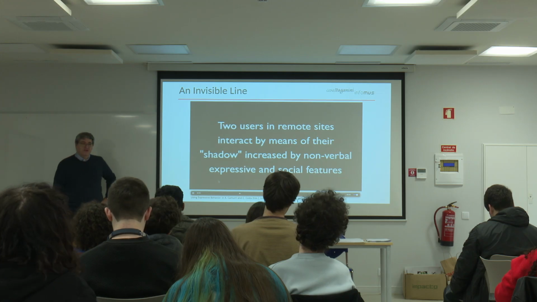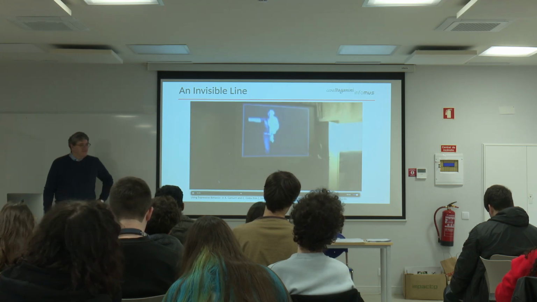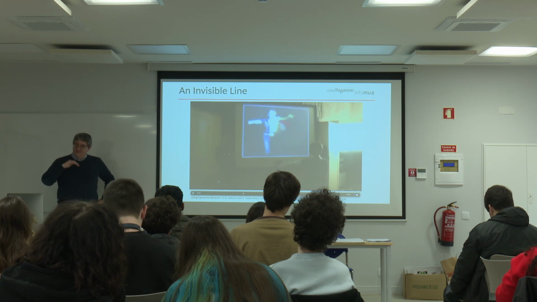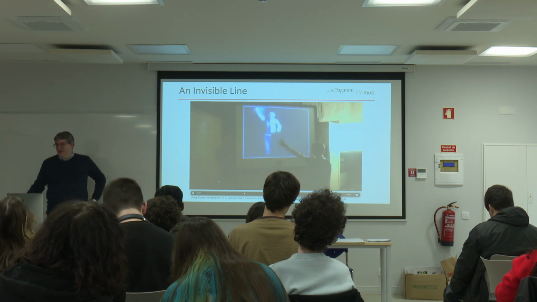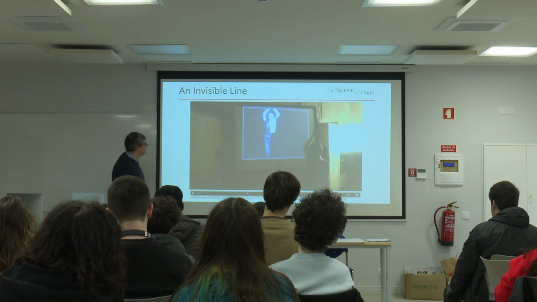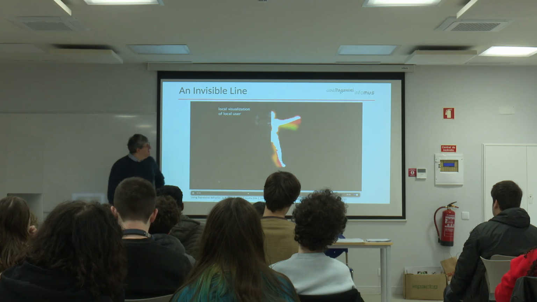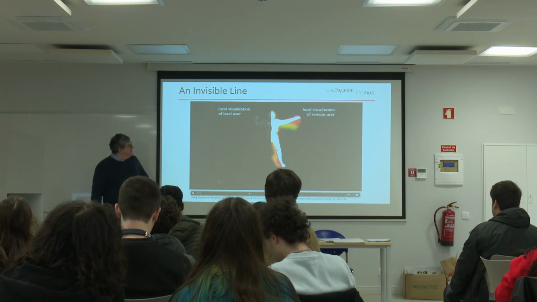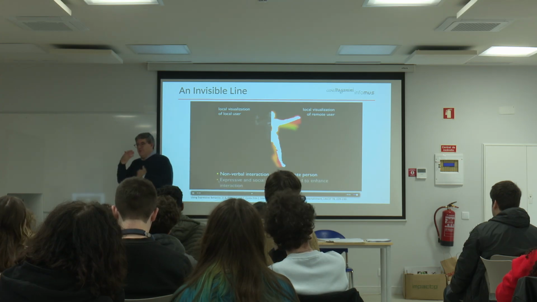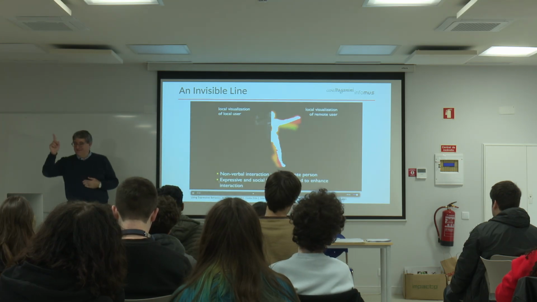And this was done also for technical reasons, because the network at that time was not so fast to send color images. Black and white we could do. Okay, so you see half is you and half is the silhouette, black and white, of a person in Paris.